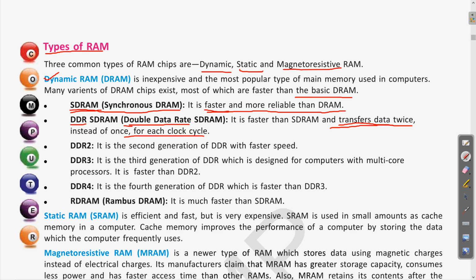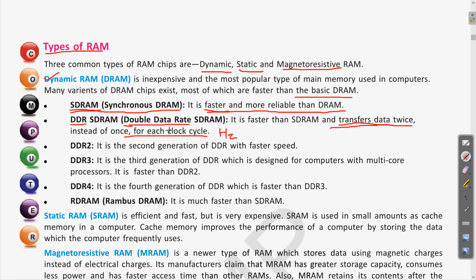A clock cycle is something in the computer used for measuring the processor speed, which is generally measured in hertz, kilohertz. Hz is the short form we denote that with. On one clock cycle the transfer rate will be twice, which was single for the synchronous dynamic RAM. In the DDR SDRAM, that is double data rate, the rate of data transfer will be twice that of the synchronous dynamic RAM.